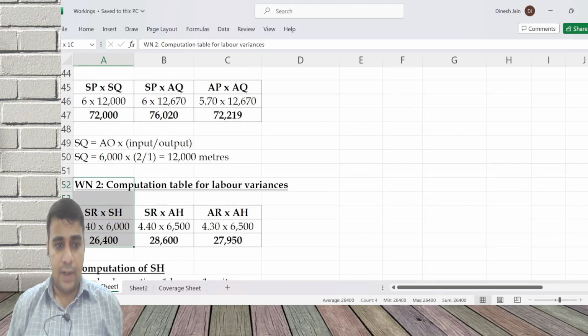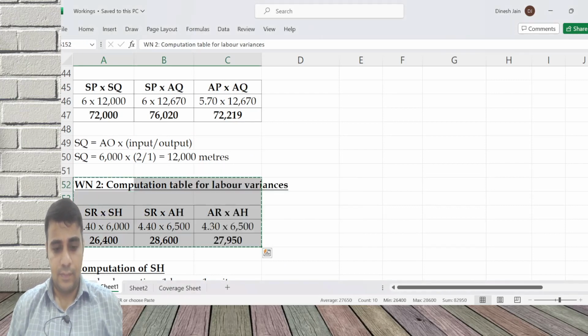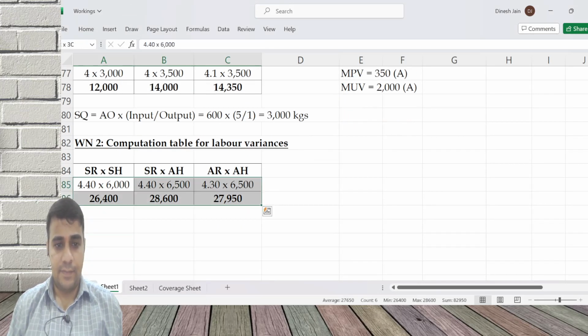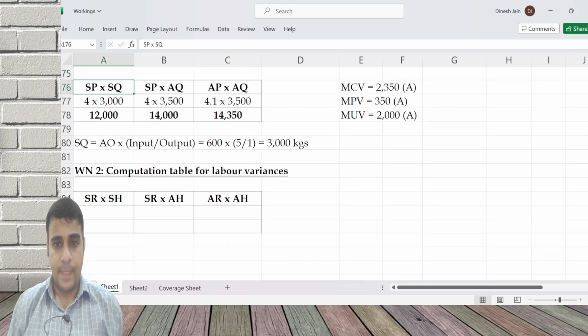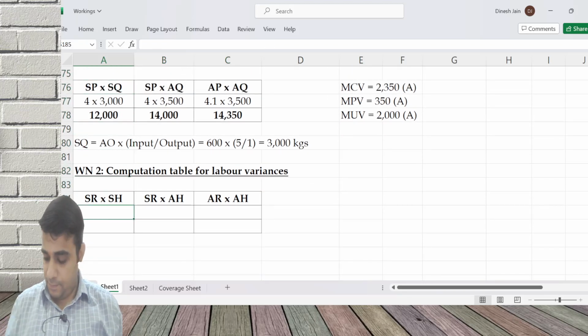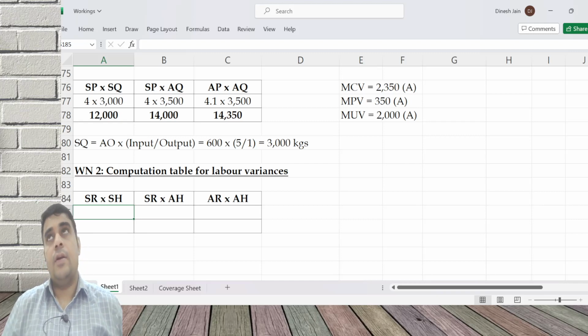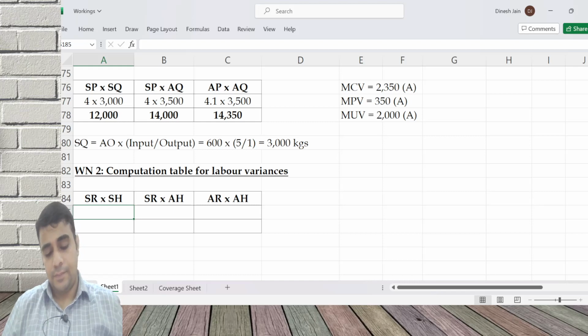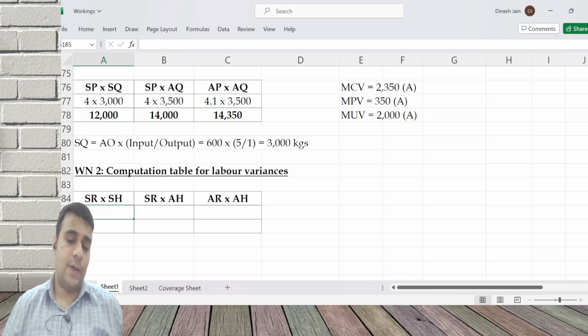Next, computation table for labor variances. Take data from the question and start doing it. 2 more minutes for you to do this. Material we did.